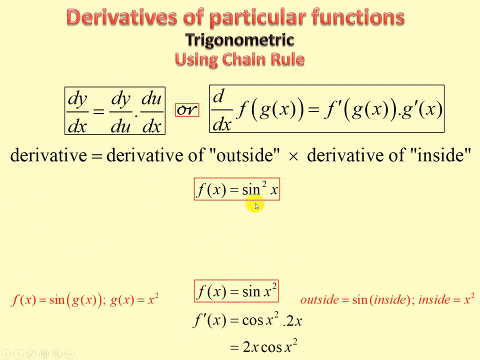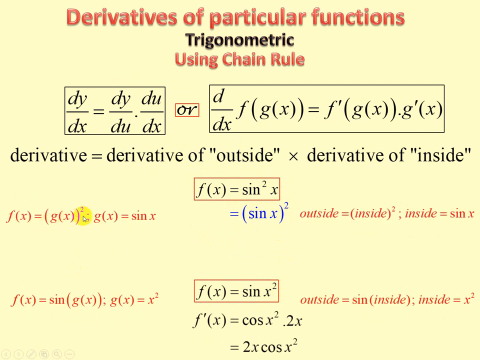Now we have sine squared. Now the sine is being squared, not the x. That makes a big difference, because now your outside function is actually the squaring. So the outside function is a square and the inside function is sine of x. So we're going to differentiate the outside function by saying 2 times the brackets all to the 1, and we leave the sine of x inside.